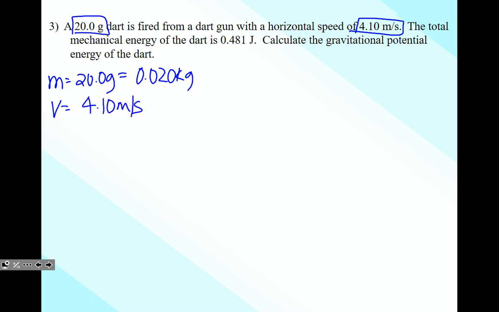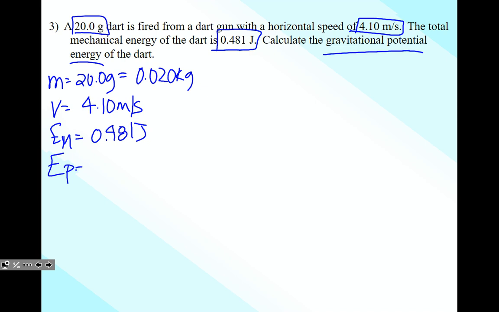The total mechanical energy, love those, is 0.481 joules. So our EM is equal to 0.481 joules. And we want to calculate the gravitational potential energy. So our EP is what we're looking for, right?